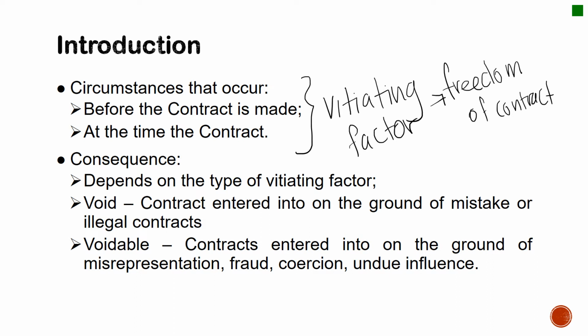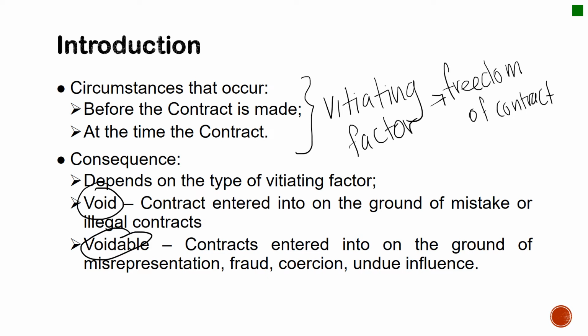And this is where, if a term or the contract itself works in a way that is unfair to the claimant who is raising the issue of vitiating factor, it may either make the contract void or voidable.